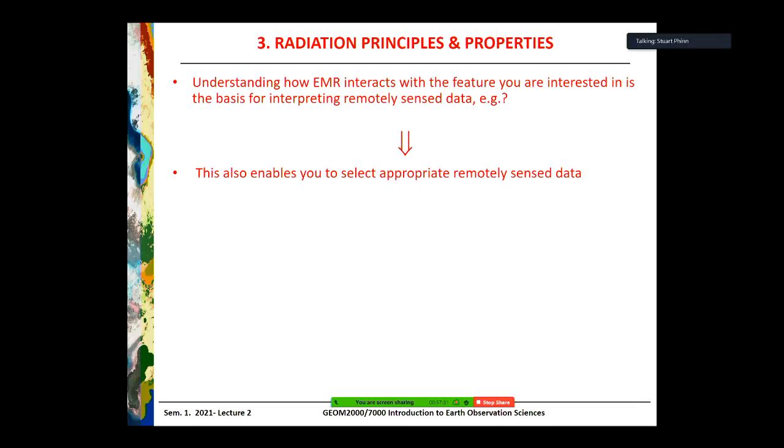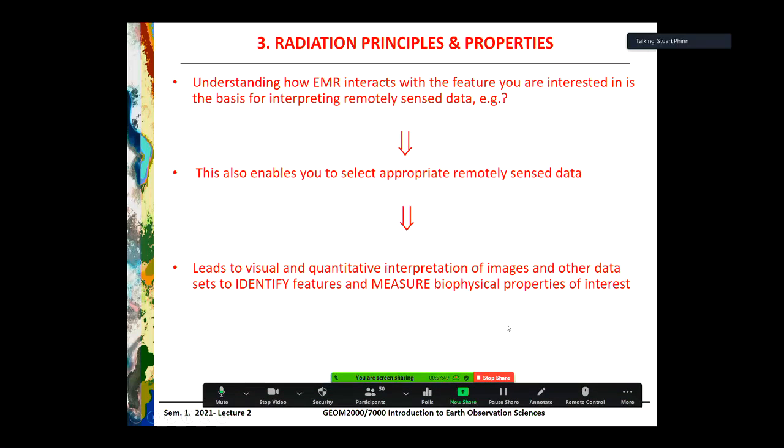The problem is that water absorbs near-infrared. So if you tried to look at a near-infrared image of a water body and the seagrass underneath it, you're not going to see anything. So understanding how your target or environment interacts with energy helps you select the right data sets.